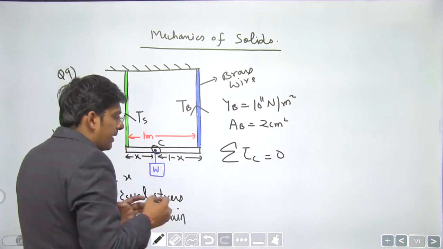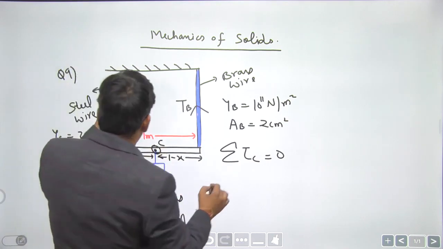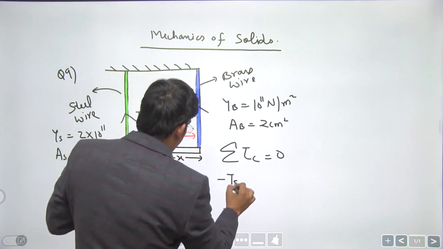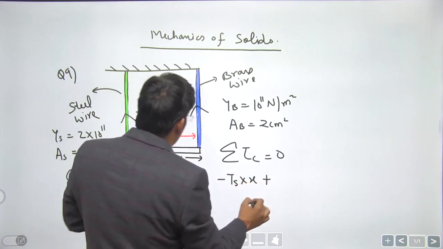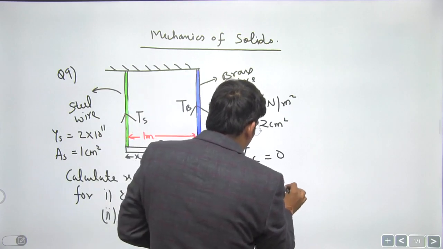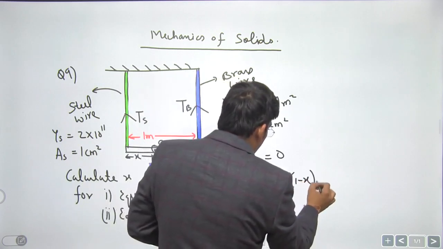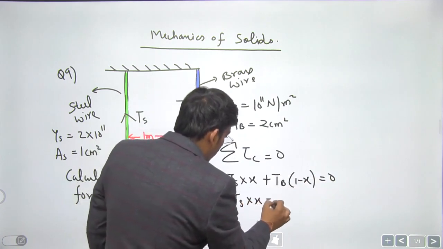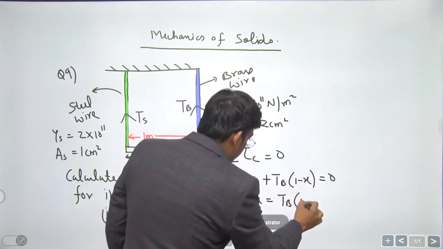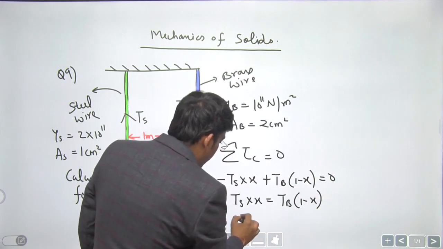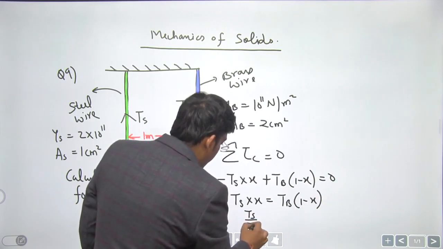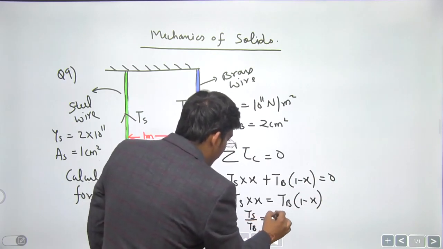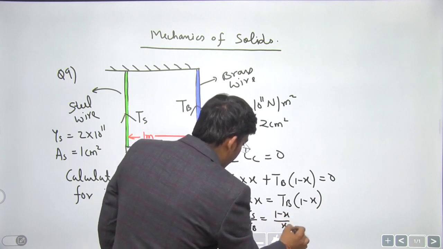Let us consider the anti-clockwise direction to be positive. So this is minus Ts into x, this is plus Tb into 1 minus x, total becomes 0. So Ts into x equals Tb into 1 minus x. That means Ts upon Tb is equal to 1 minus x divided by x, right?